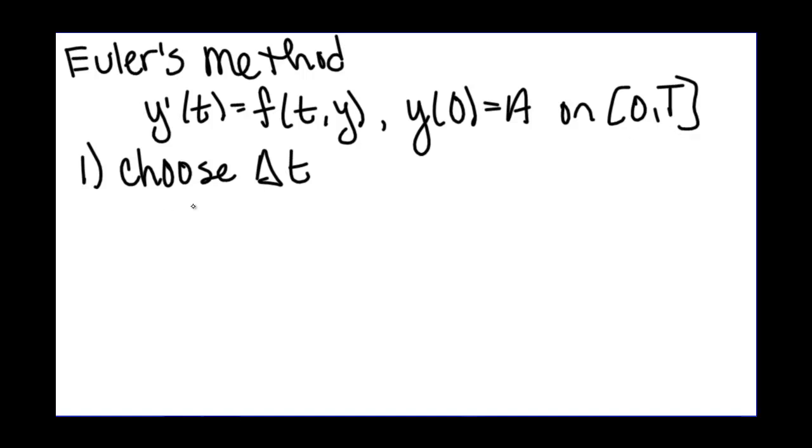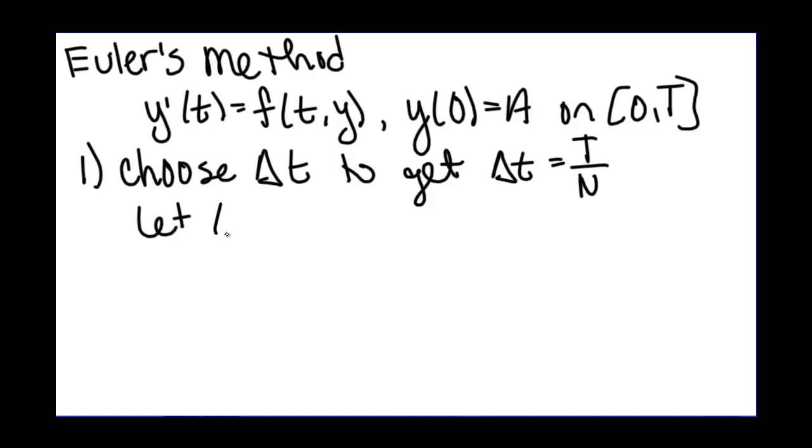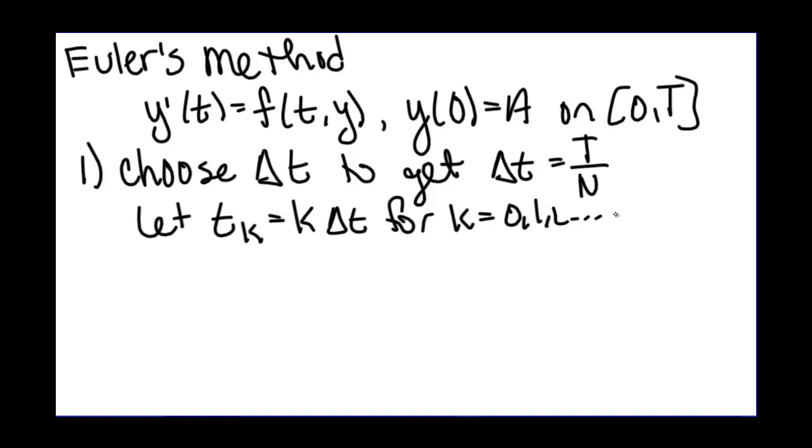So we get our change in t equals our interval divided by the number of segments. We have t sub k equals k times delta t for k equals 0, 1, 2, etc., up to n minus 1.